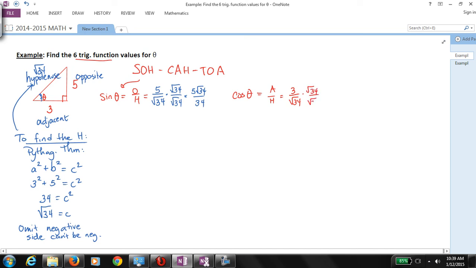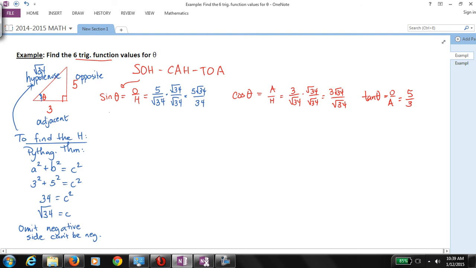So rationalize the denominator: 3 square root of 34 over 34. And the last one, tangent, is what? O over A, which is O is 5, adjacent is 3. So just simply 5/3.